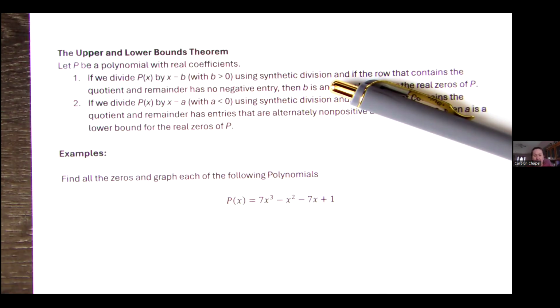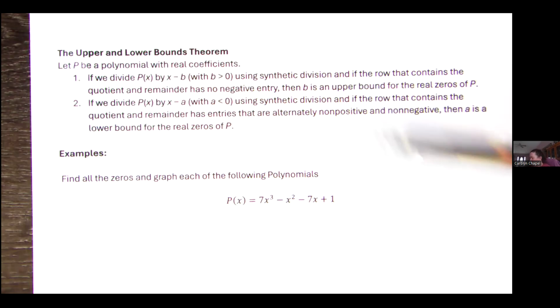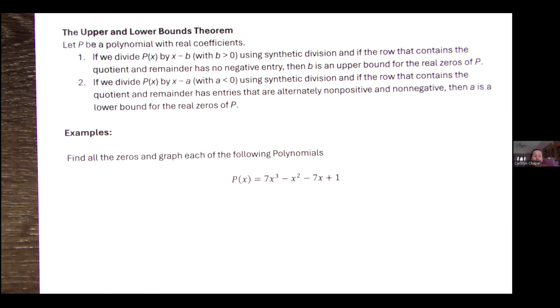It might take a while because I do have all the little pieces that I have to remind you of. We went through a lot of different ideas on the day before break. And we'll be using those pieces here to help us. So the first thing I'm going to do is try to find all of the zeros for this graph.